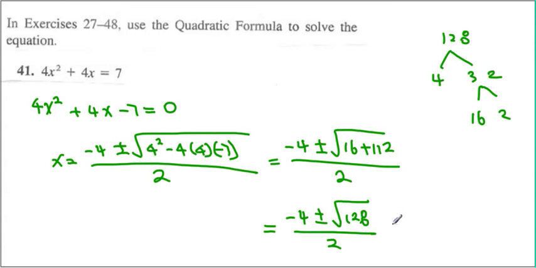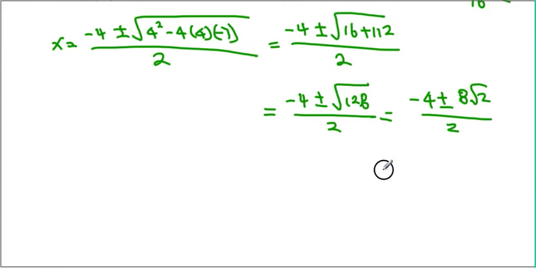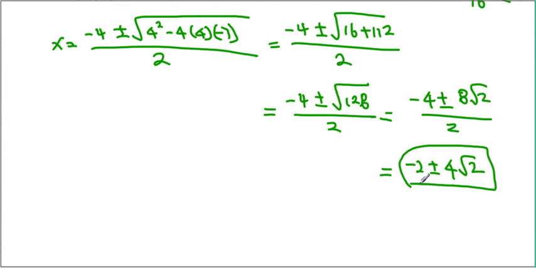So this is equal to negative 4 plus or minus 4 comes out, 2 comes out, so we have 8 square root of 2 over 2. Once again, if you have to simplify this one further, 2 can cancel out all 3 numbers, so we end up getting negative 2 plus or minus 4 square root of 2. That becomes our final answer.